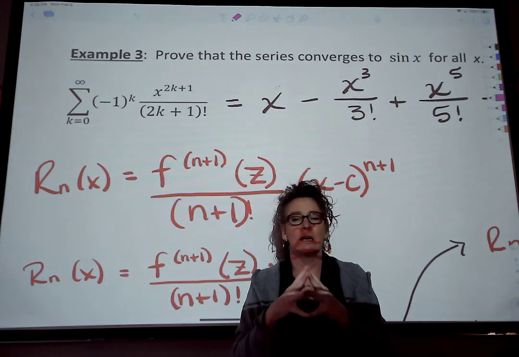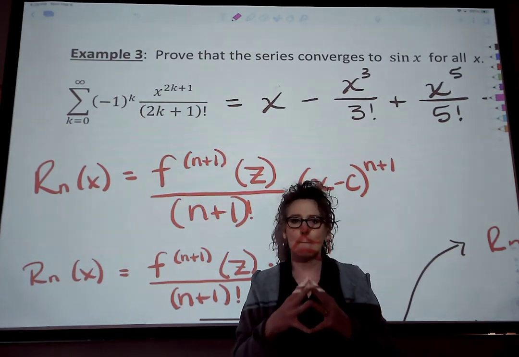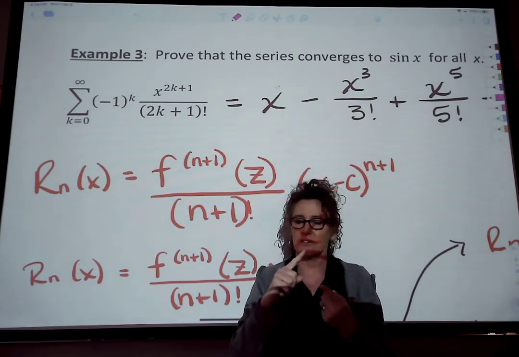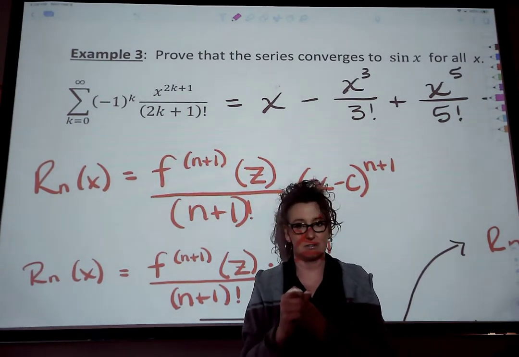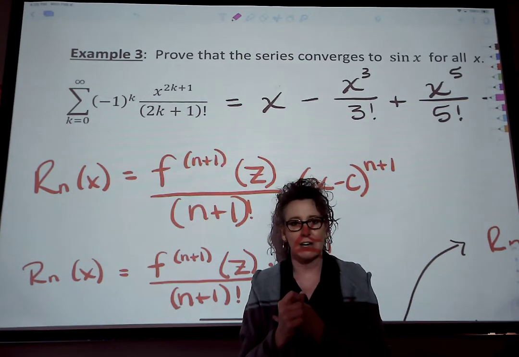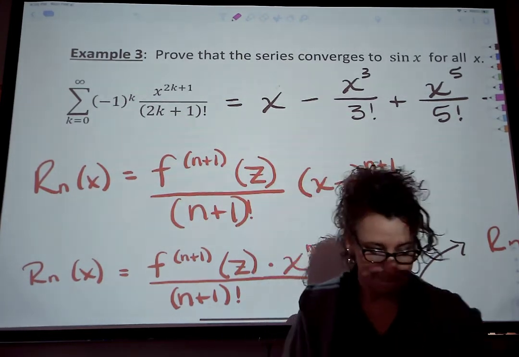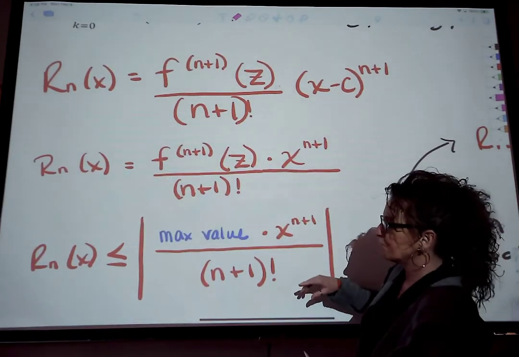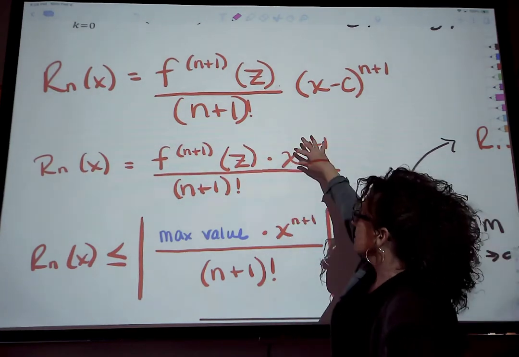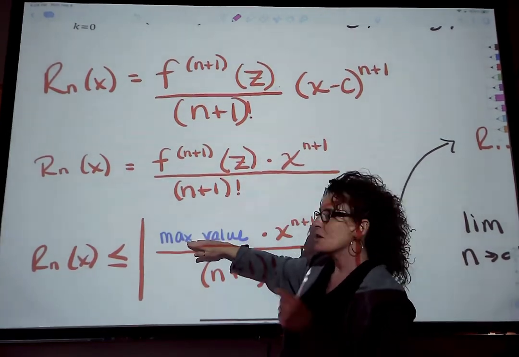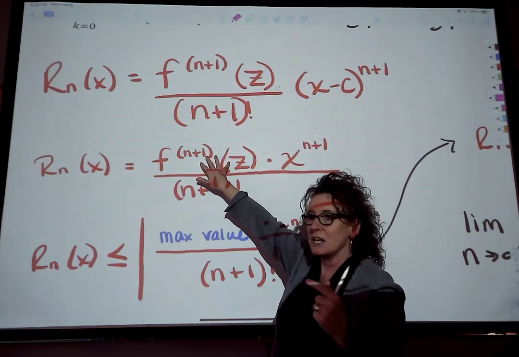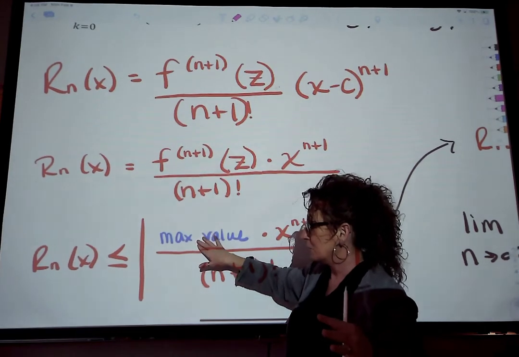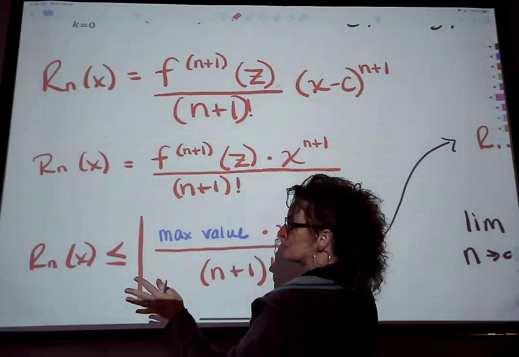How big can those derivatives be? If your derivative is either a sine function or a cosine function, what is their maximum value? So, ready for this? Same. Think about the maximum value that any of those derivatives could be. Once I figure out what the maximum value is, I can say, okay, now whether this turns out to be positive or negative, I don't care.